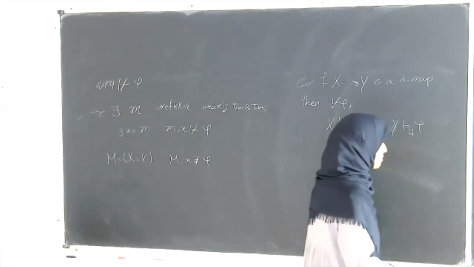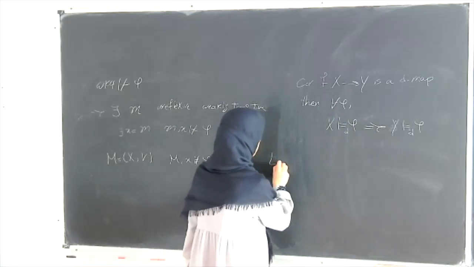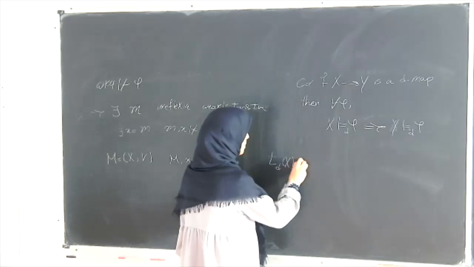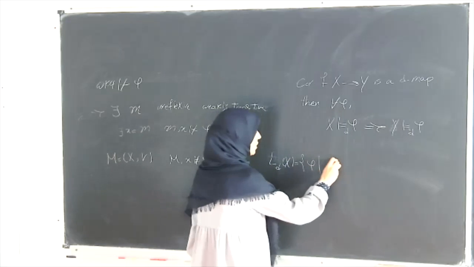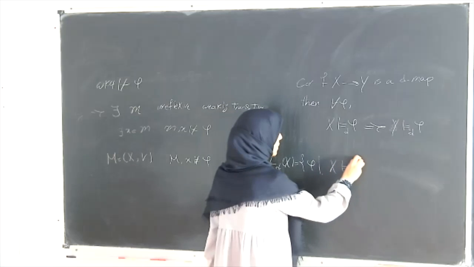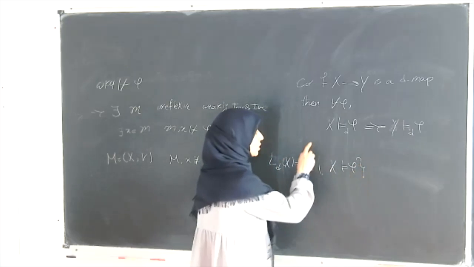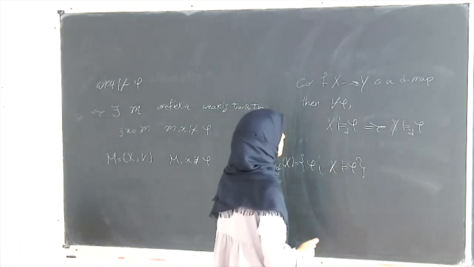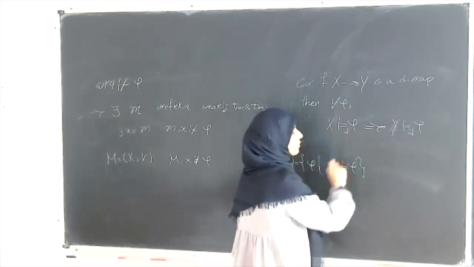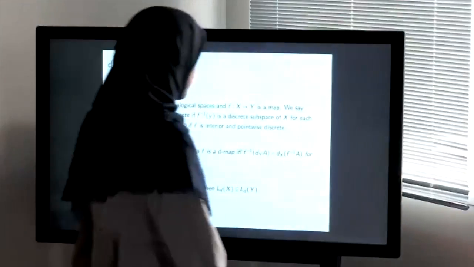Because by L_D of X, I mean the set of all formulas phi where phi is valid on X. So this means that for any formula phi, if phi is valid in X, then phi is valid in Y.